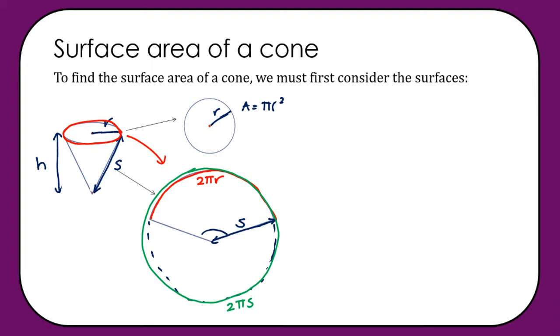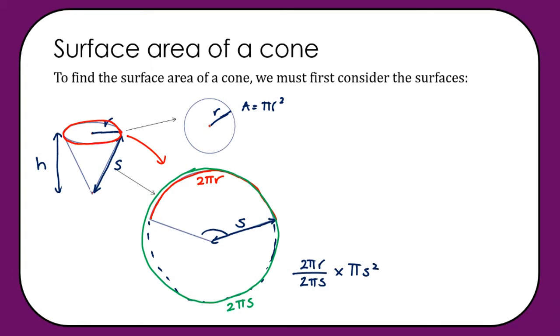That is 2 pi r out of a possible 2 pi s. So rather than looking at the ratio of the angles, we're looking at the ratio of the arc lengths. That is the fraction of the area of the total circle, which has a radius of s, so pi s squared.